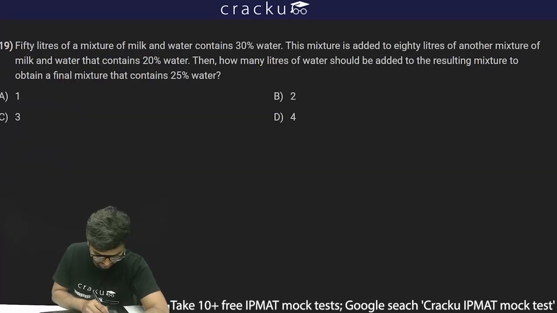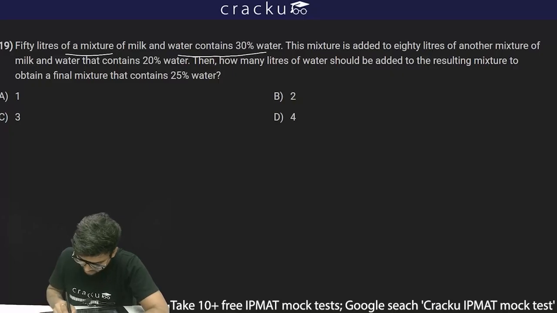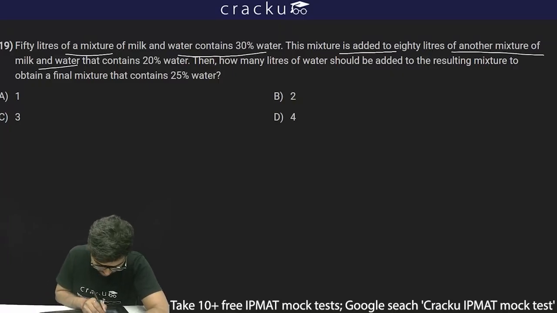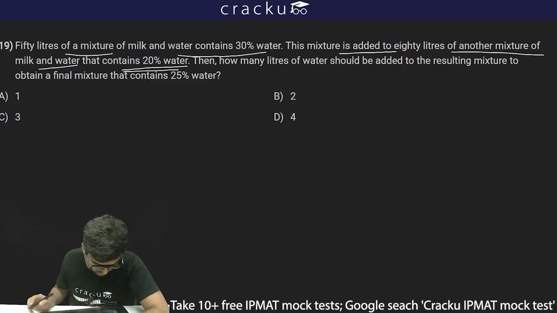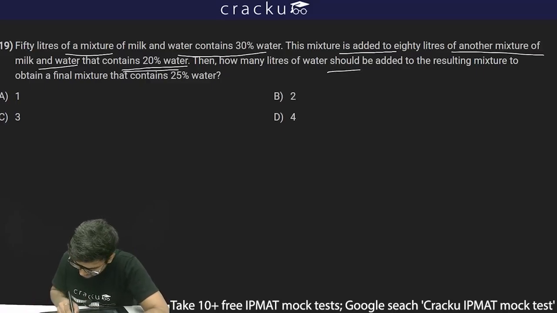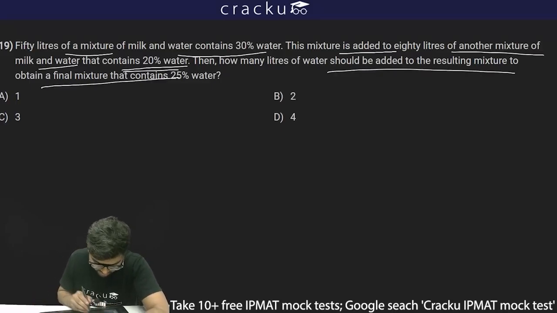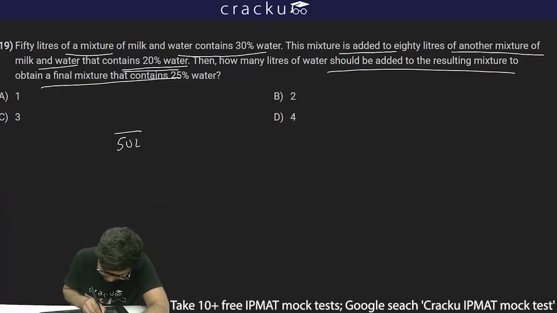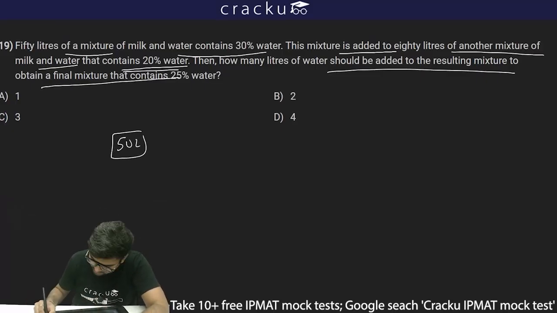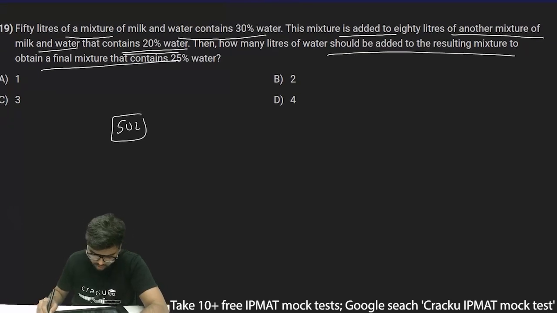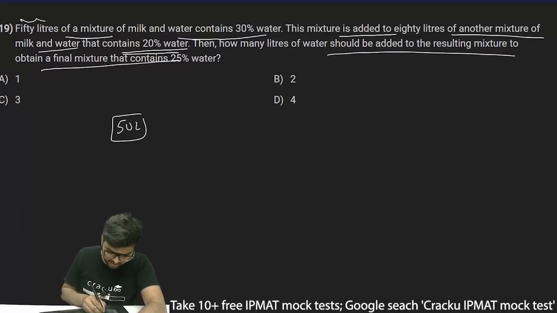The next question is saying 50 liters of a mixture of milk and water contains 30% water. This mixture is added to 80 liters of another mixture of milk and water that contains 20% water. Then how many liters of water should be added to the resultant mixture to obtain a final solution that contains 25% water? So initially we have 50 liters of mixture. This 50 liters of mixture contains 30% of water.